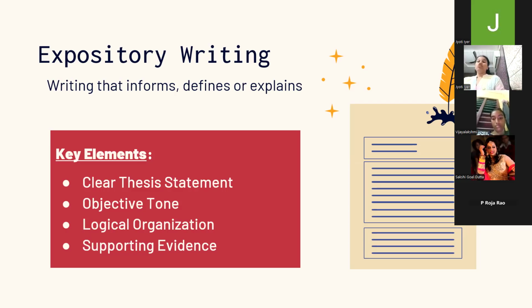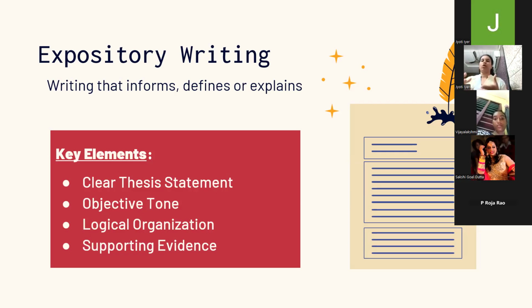Then it has to have an objective tone. See, even if it's a topic that is a little bit opinionated, still there has to be an objective tone to it, because this is not persuasive writing. You are trying to be as objective as possible, not take any side.